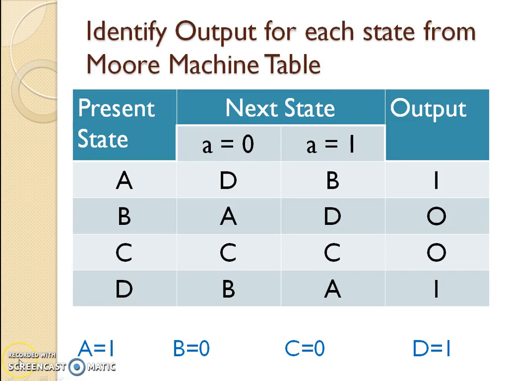Next step is to identify the output for each state from the Moore machine table. Let's say for state A the output is 1, B output is 0, C output is 0 and D output is 1. I have copied these outputs associated with each state in blue color.